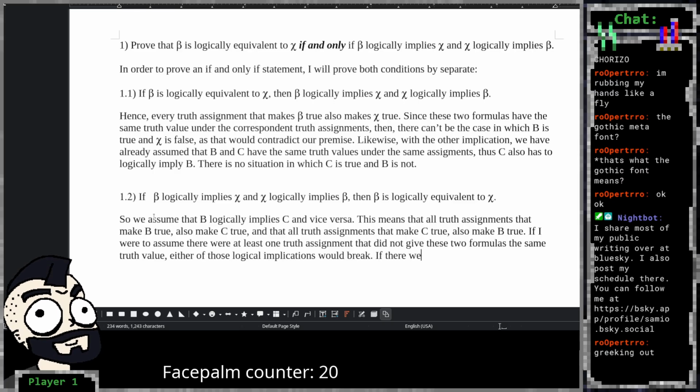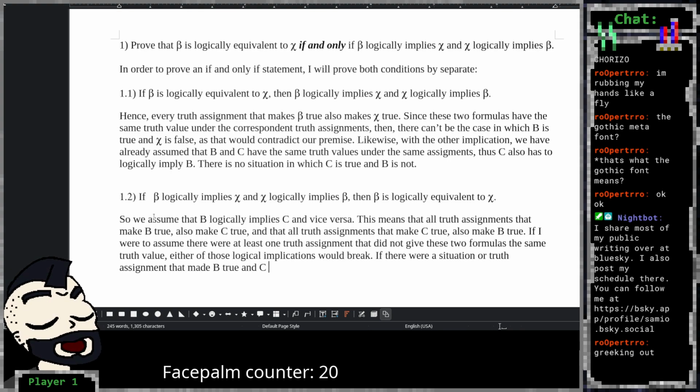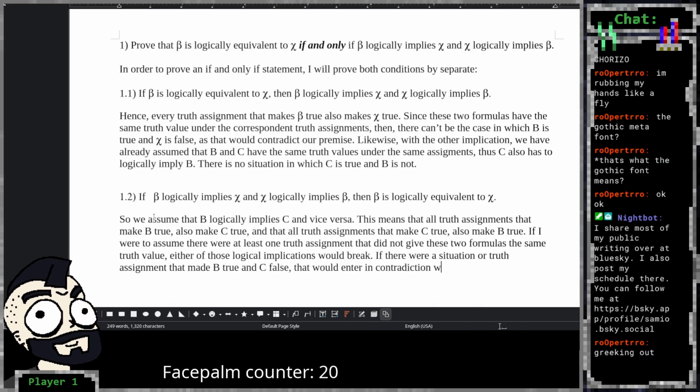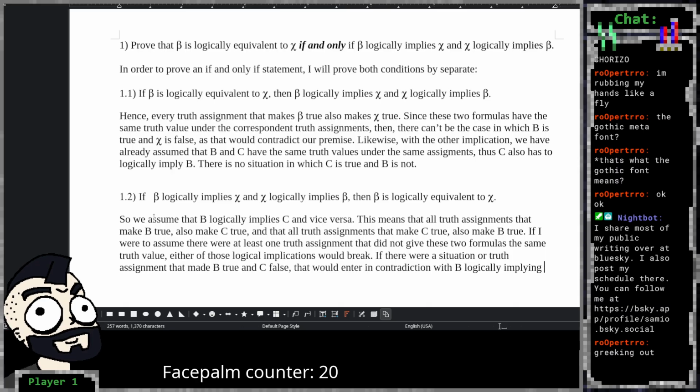If there were a situation or truth assignment that made beta true and chi false, that will enter in contradiction with beta logically implying chi.